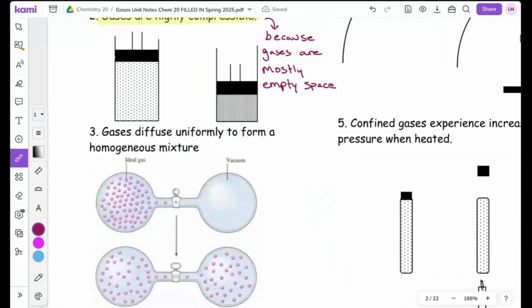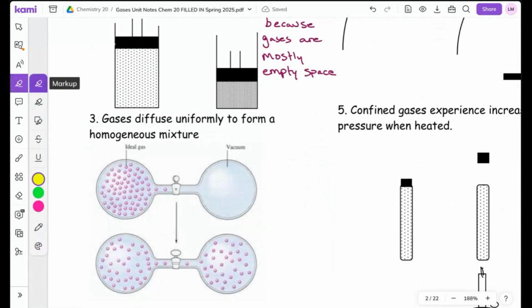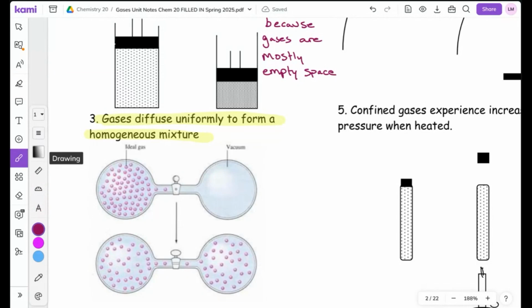Now the third property of gases is that they diffuse uniformly to form a homogeneous mixture. Diffusion is just when some substance goes from a high concentration to a low concentration. It's kind of like a passive form of creating a homogeneous mixture.